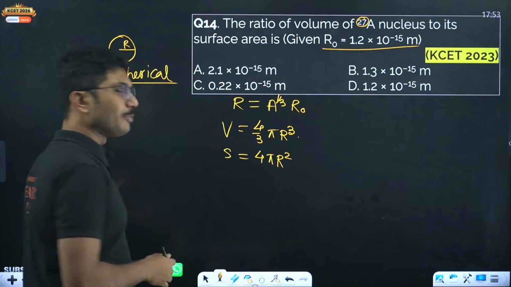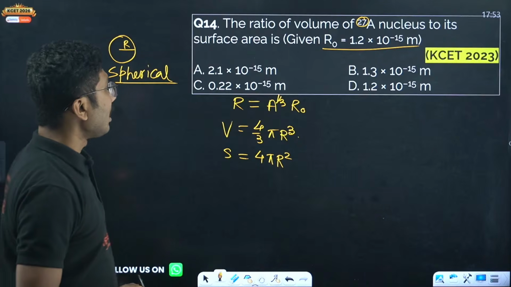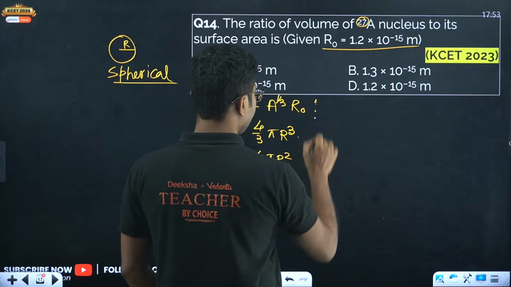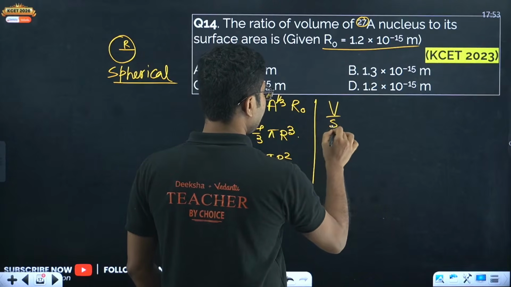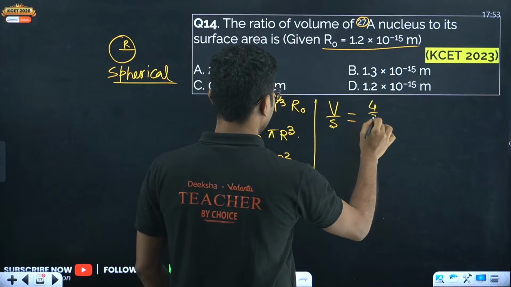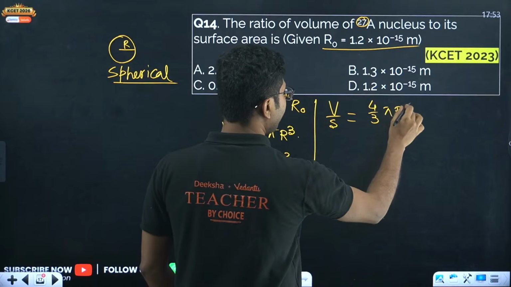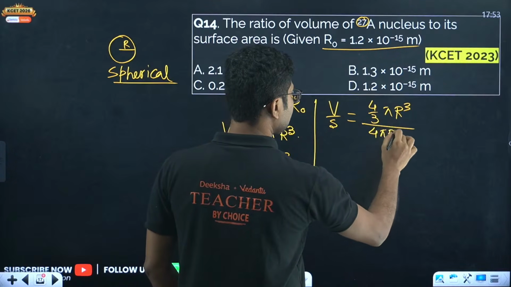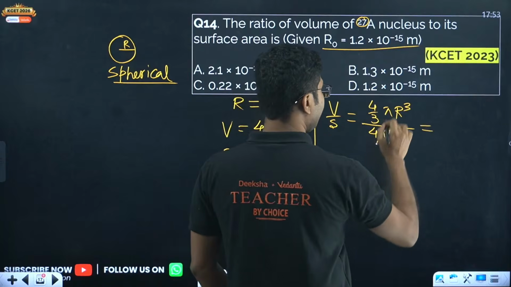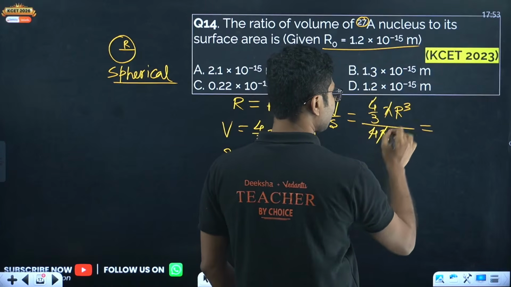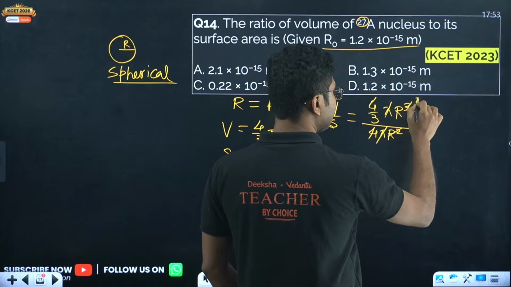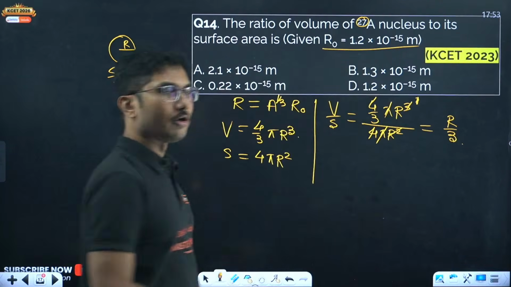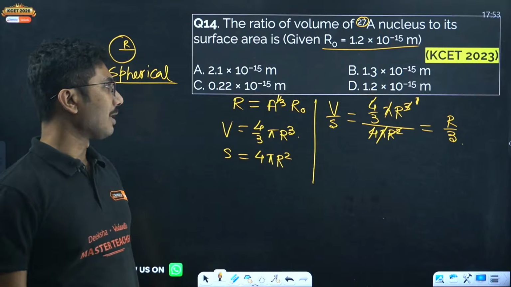So the ratio of volume by surface area is 4/3 pi r cube by 4 pi r square. Pi cancels, 4 cancels, one of the r gets cancelled, so you get r by 3. So the ratio of volume to surface area is r by 3.